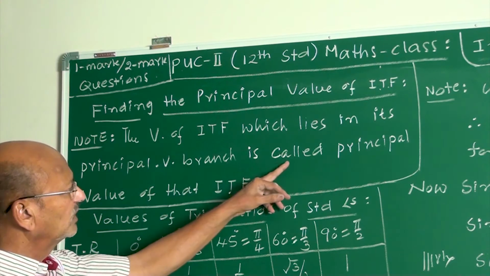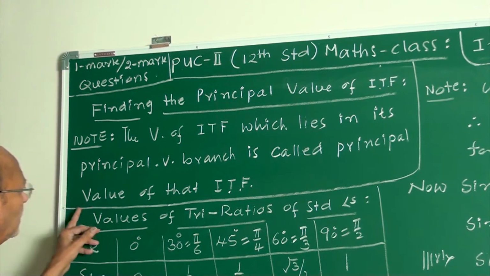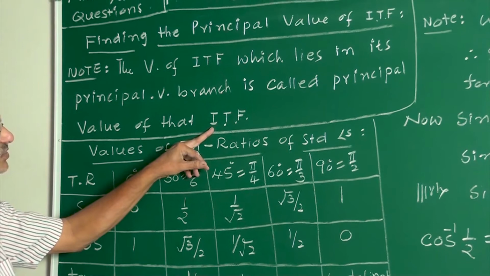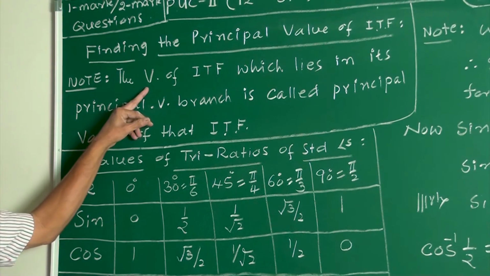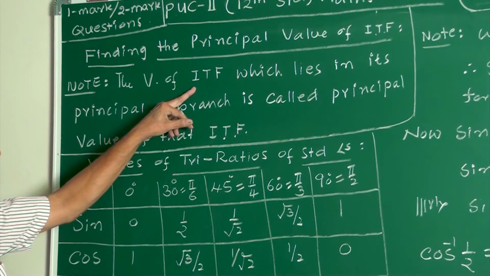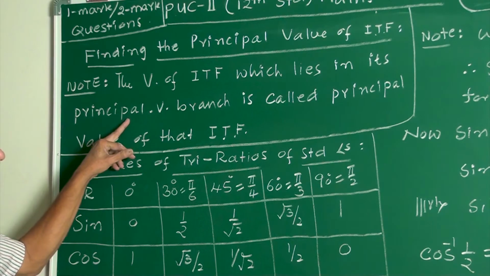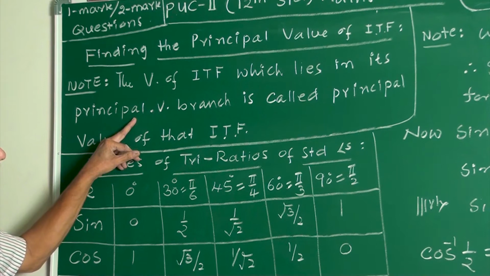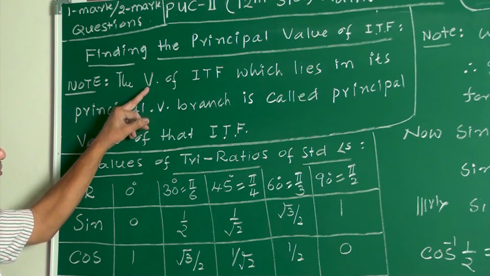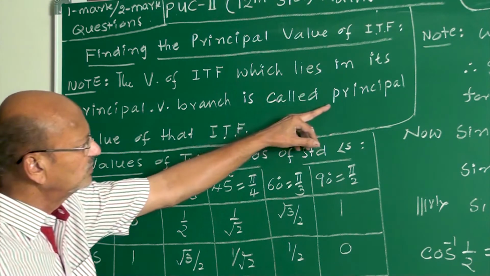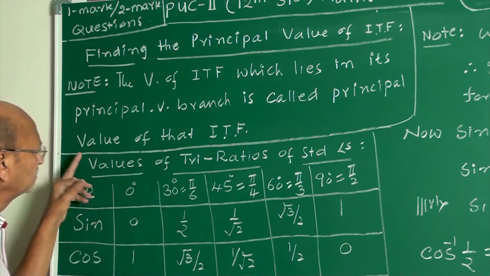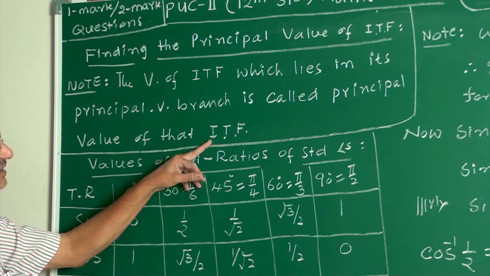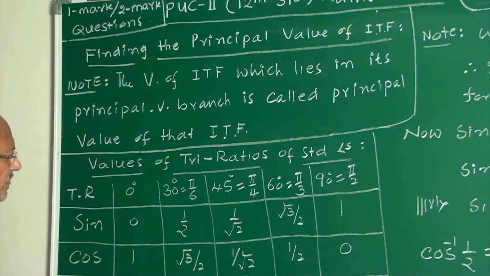That particular value which lies in the principal value branch is called the principal value of that inverse trigonometric function.